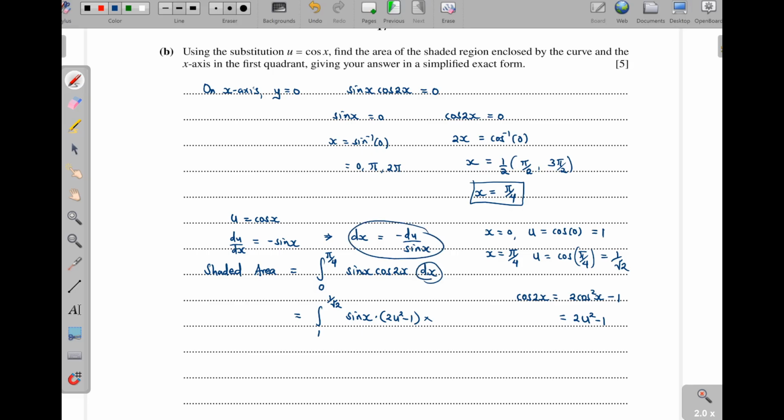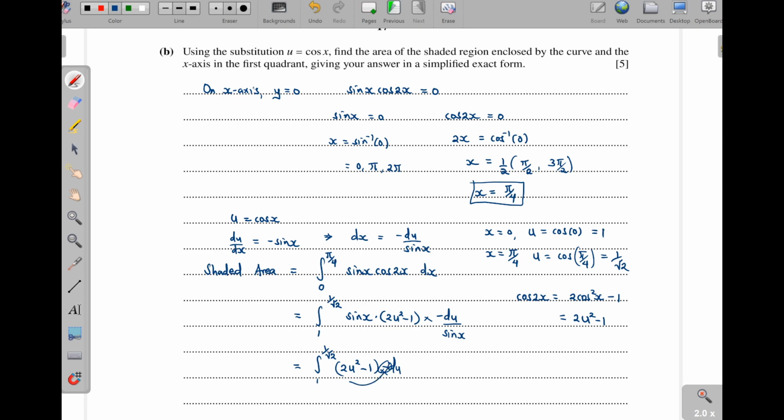Our dx is negative du out of the sine of x. Now, do you see that this one is cancelling with that? So we shall have the integral from 1 to 1 out of root of 2, and then we have 2u squared minus 1, then times negative du.